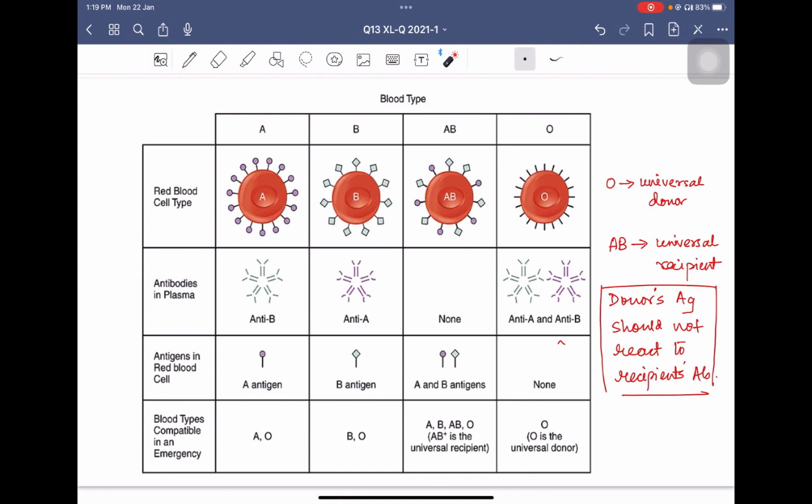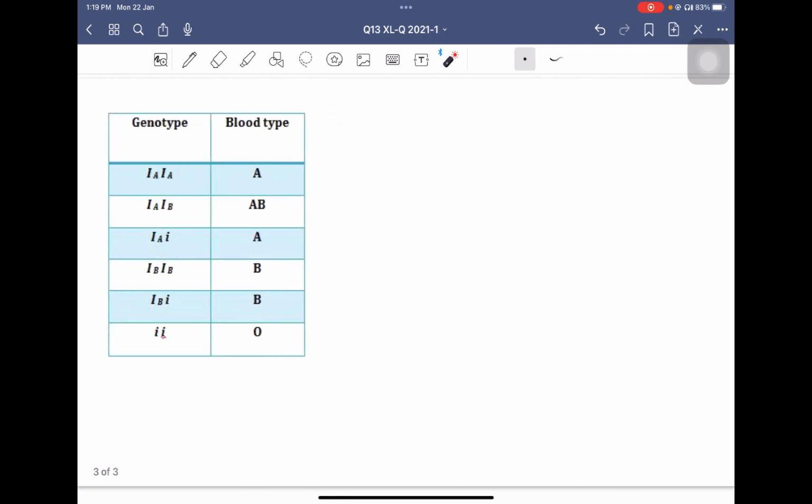And I should also discuss a little bit about the genetics of this blood group system. The genetics is that there are actually three genes, or I should say three alleles of the blood group gene. There are actually three alleles, IA, IB, and small i.